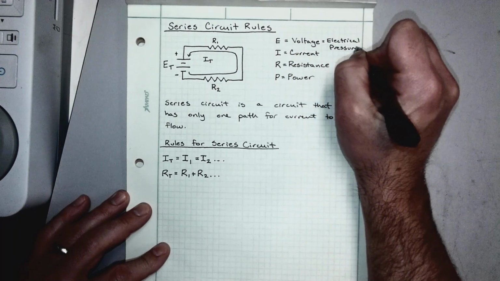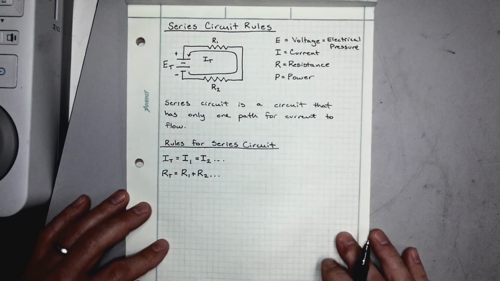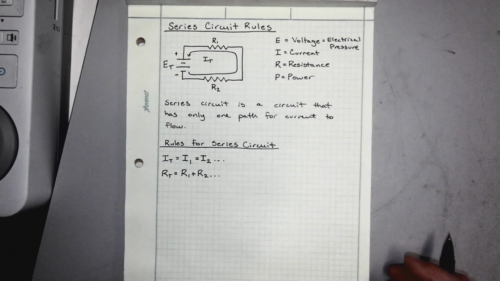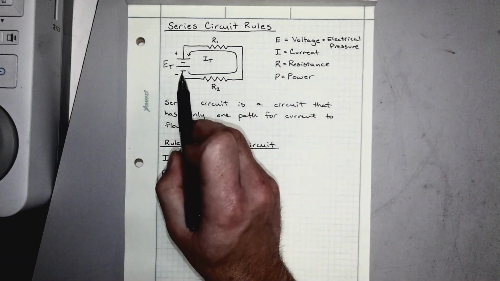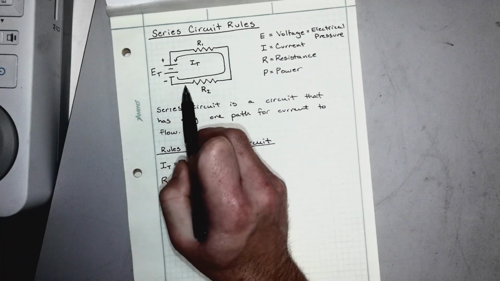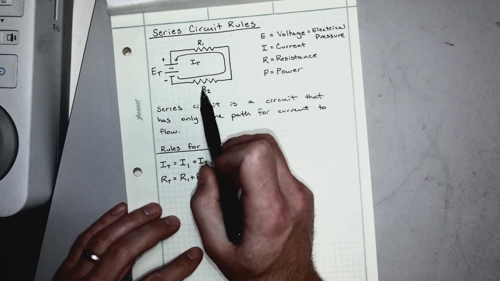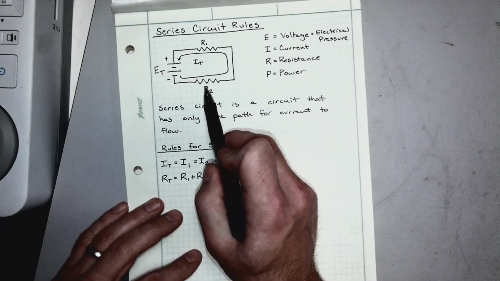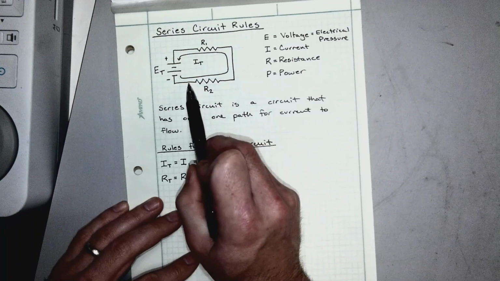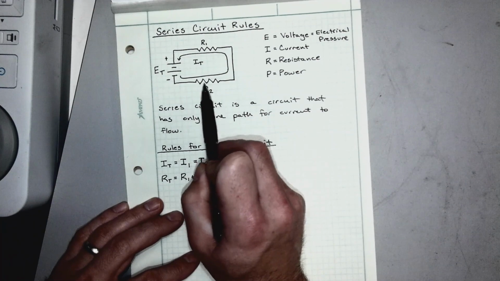So kind of like water flowing in a pipe, the pressure that is inside the water is just like the electrical pressure that we call voltage. As the fluid flows through the pipe, when it gets to a point, and in this case a resistor, in a water system you can think of it like a water wheel, the pressure is going to dissipate some of its force across whatever component.